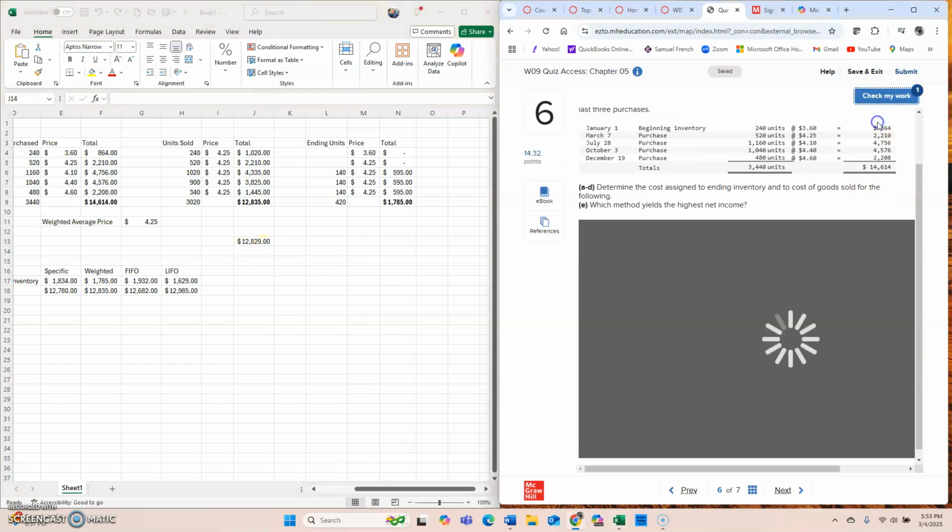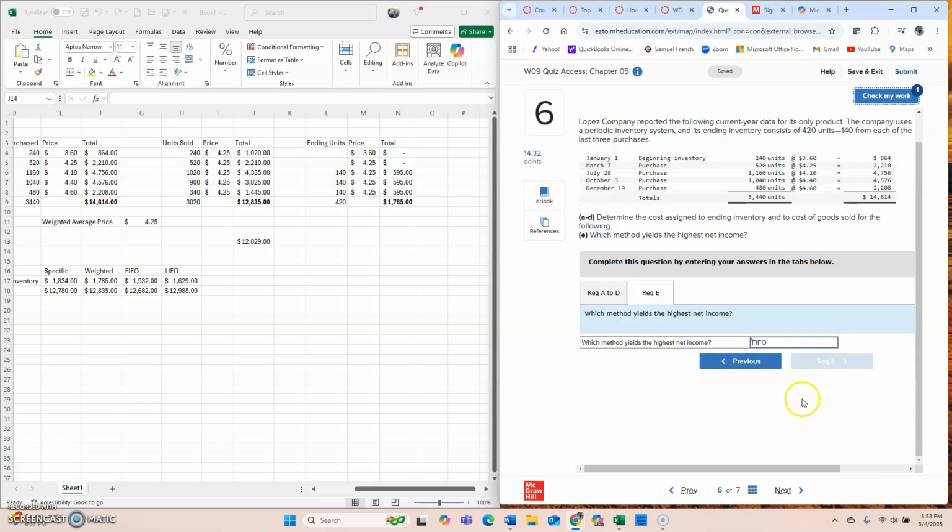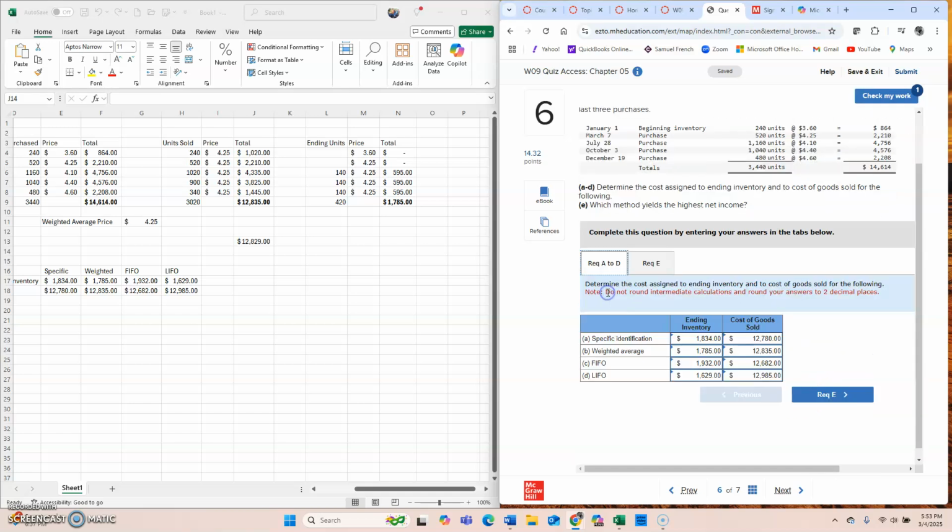So I'm going to come back over to, I only have one more chance to do this. But I'm going to change that to $12,829, which our weighted average should also lie right between our first in, first out and our last in, first out. Which it does at that price.